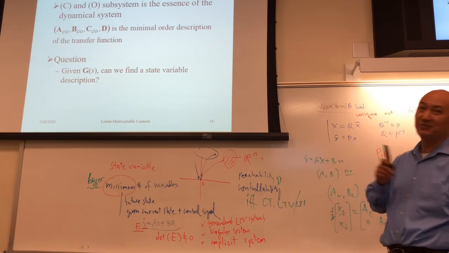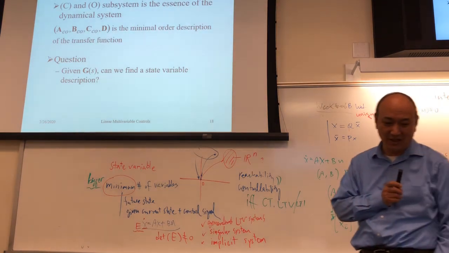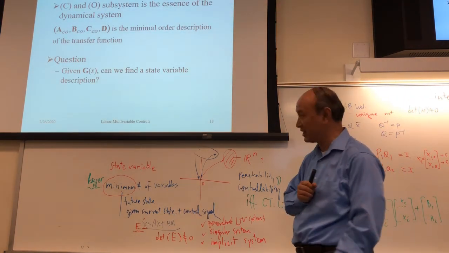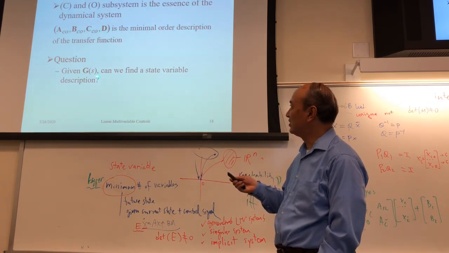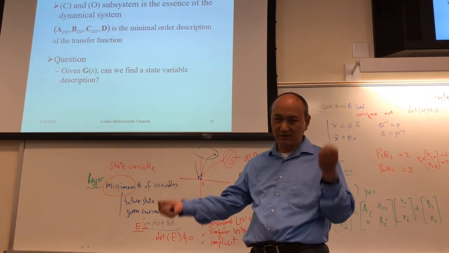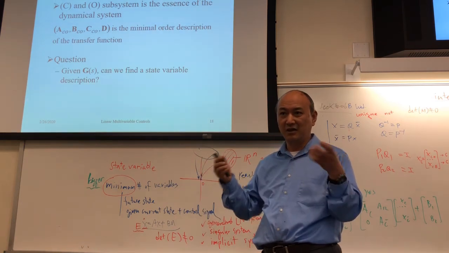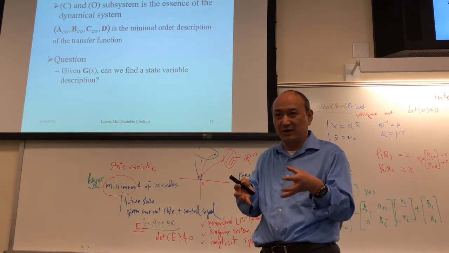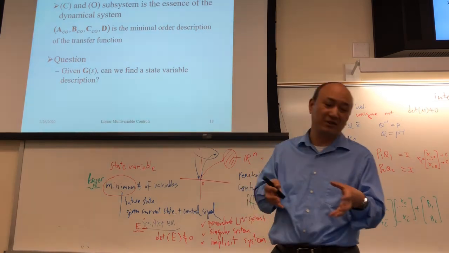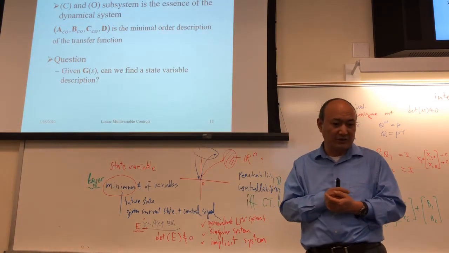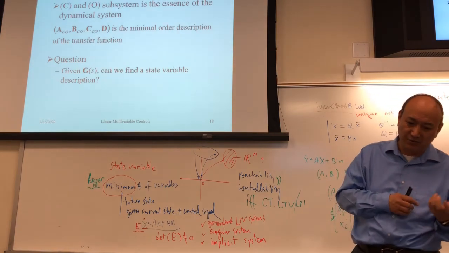And next time, we're going to learn something very interesting, very deep. We already know that given G of S, in and out, the internal representation will be infinitely many. So then we find a state variable description.